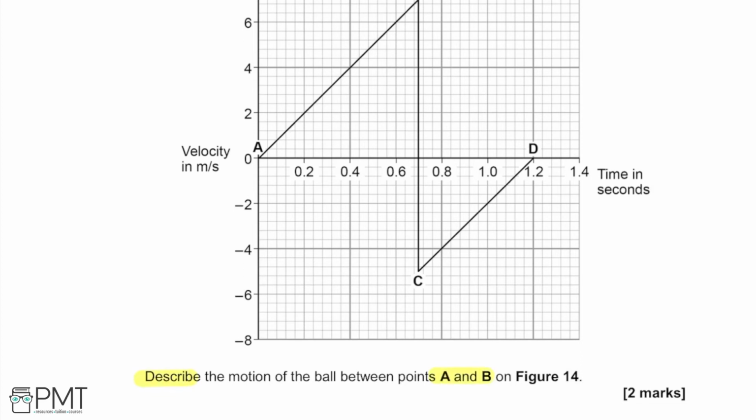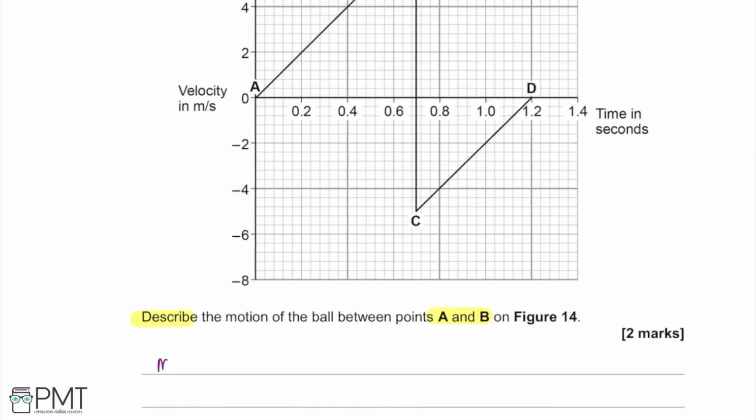So as we can see here, between A and B, there is a straight line, an increasing straight line with a constant gradient, and we can use this to work out what exactly is happening to the motion of the ball. The gradient of a velocity time graph is going to be the acceleration of the ball. So the m, which is the gradient, is equal to the acceleration.